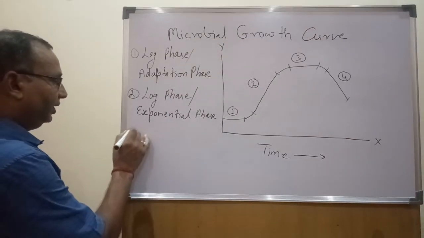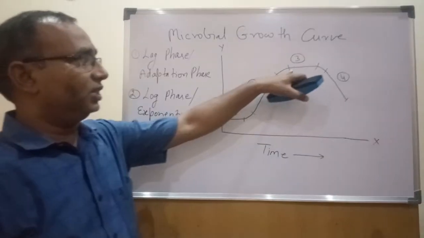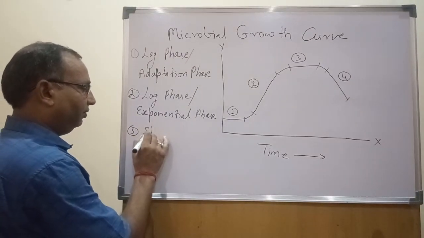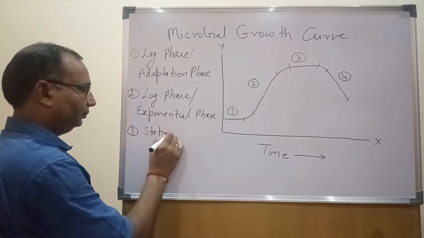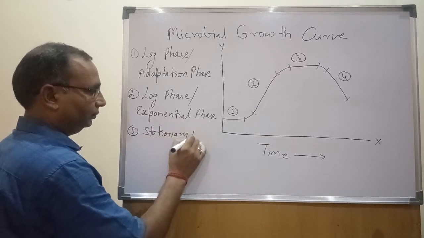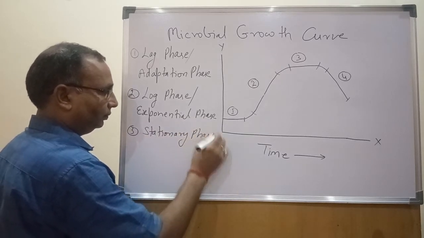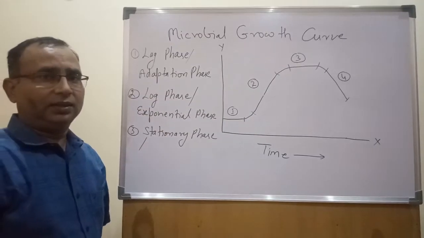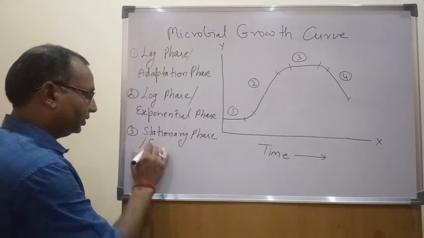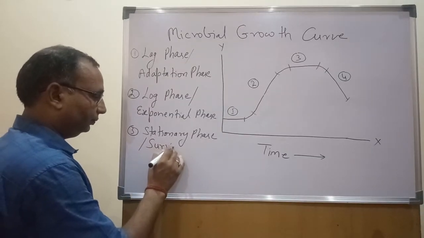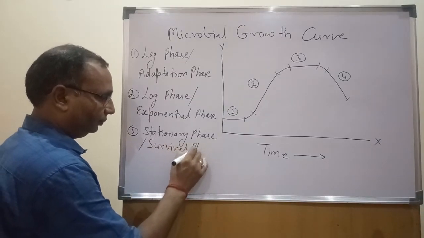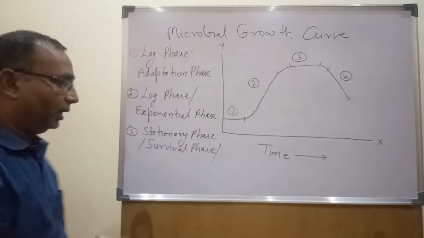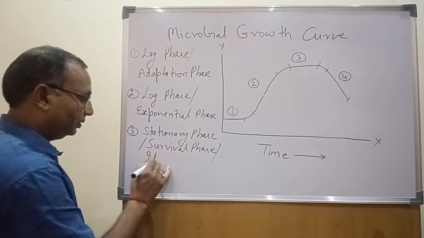Then phase number 3, this segment is called the stationary phase. The stationary phase is also called the survival phase, or it is also called the idiophase.